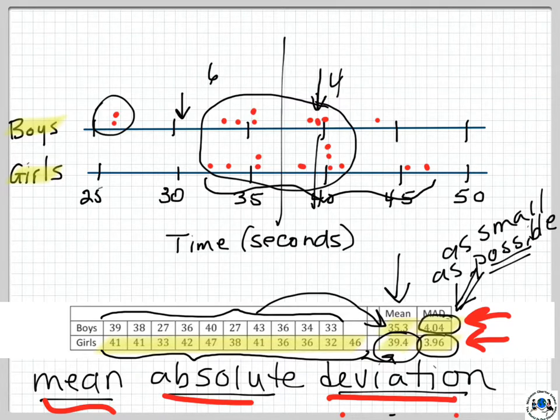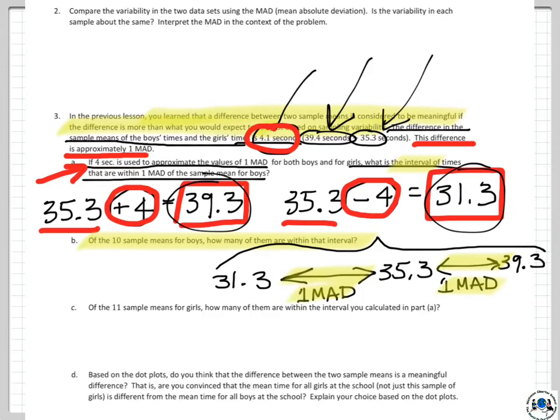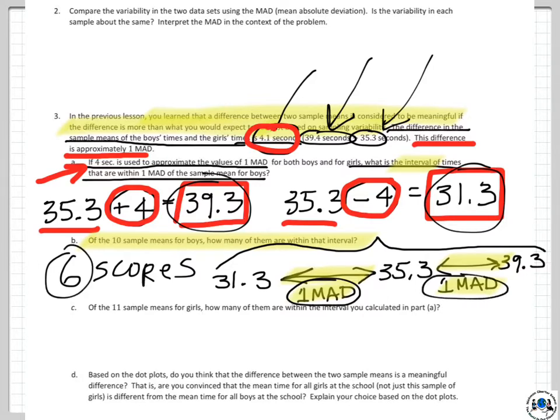We can see we have 1, 2, 3, 4, 5, 6. So 6 scores were between 31.3 and 39.3. Okay, so 6 scores were within 1 MAD of the mean.